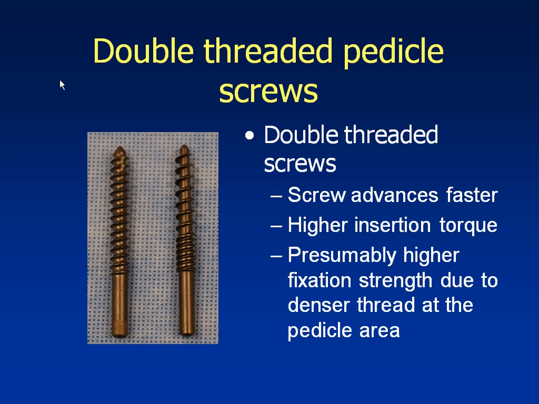Double-threaded screws, as seen here, have been shown to have a higher insertion torque compared to regular screws, and presumably they have a higher fixation strength due to the denser thread at the pedicle area. We have them in the market now, but we don't have long-term clinical follow-up results with those screws.